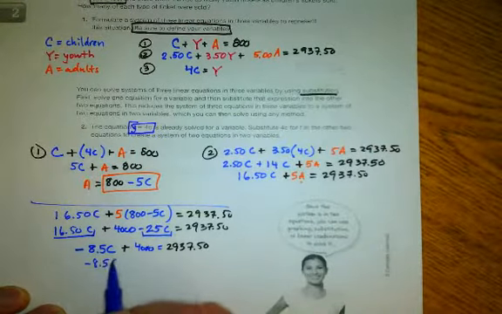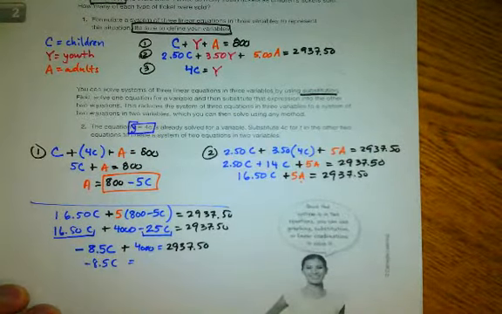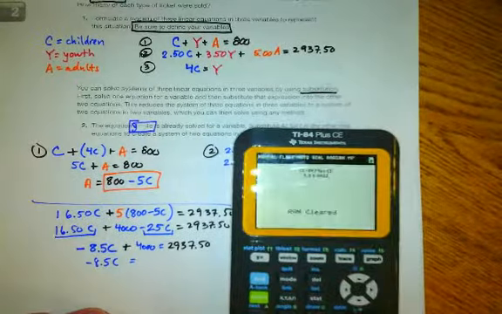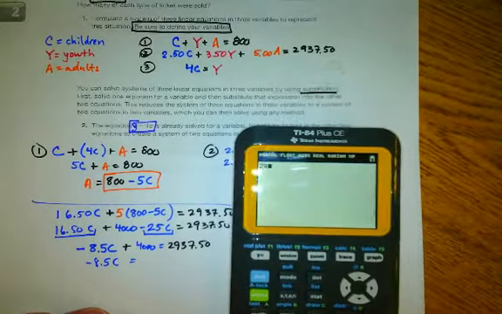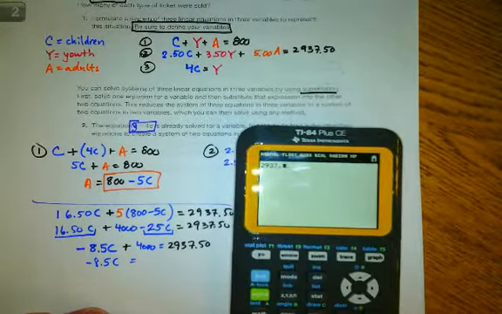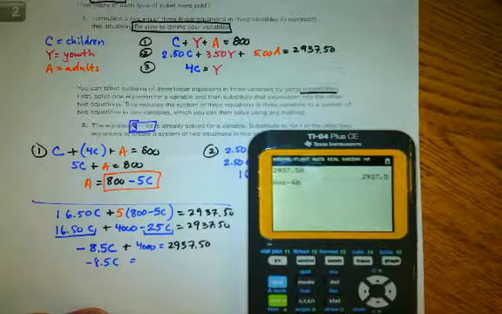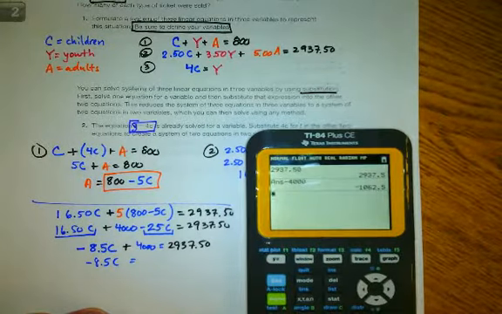I'm going to simplify this. I'm going to subtract. Here we go. I'm going to subtract 2937.50 minus 4,000, and I get negative 1,062.5.